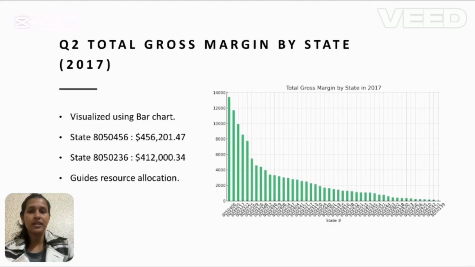You can see it here. So, total gross profit per state, and some states contributed significantly more to overall profitability than others. These differences could be due to customer demographics, regional marketing strategies, or even store size. Such data allows management to assess which states are performing well and which require operational adjustments.